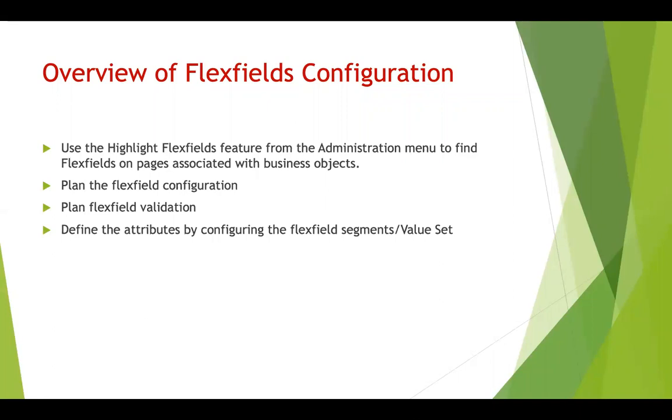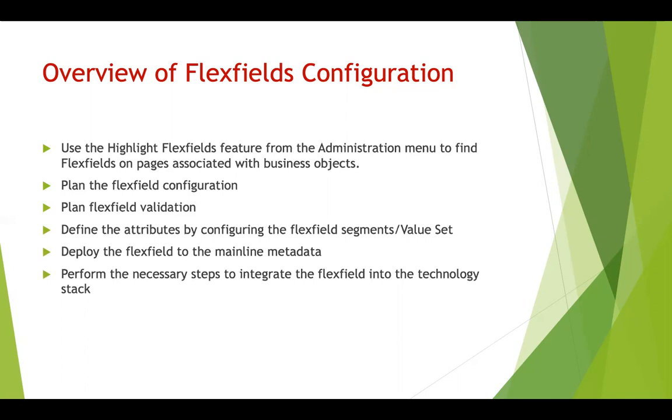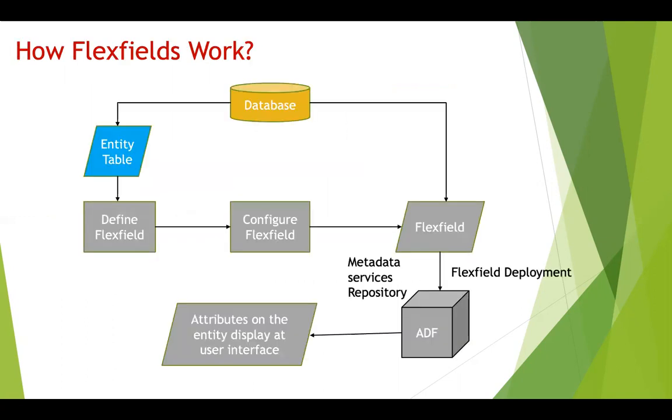You need to define attributes for the descriptive flex field or value sets for the key flex field, and you have to deploy that flex field to mainline data. So next we will see how flex fields work. Then we have to perform the necessary steps to integrate that flex field into the technology stack. That is one of the configuration steps, I would say.